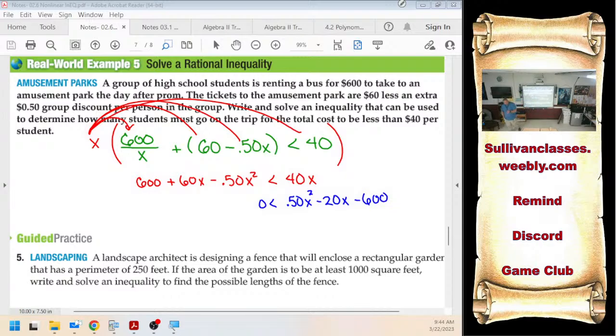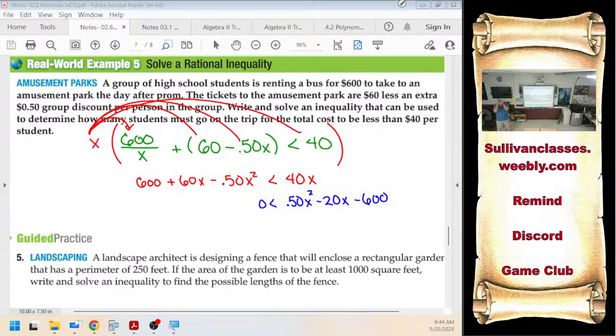If I ever multiply or divide by a negative, I flip the inequality. I did not multiply or divide by anything. And if you multiplied by a negative X to get a positive coefficient right here, you would have had to flip the inequality.